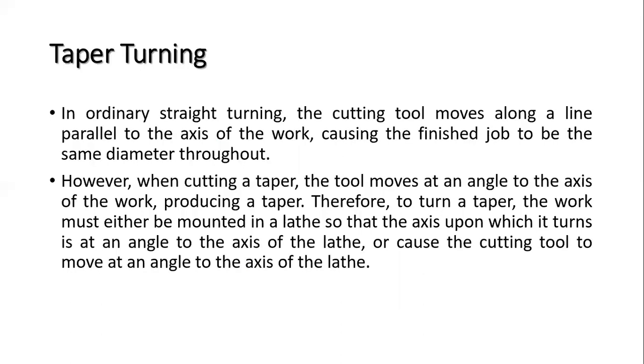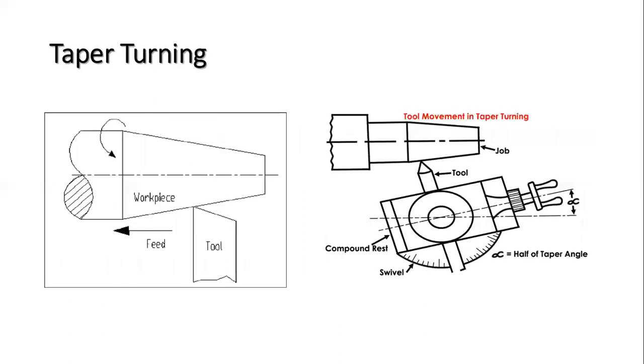I'm discussing this through my next slide, the taper turning picture. In case of normal turning, in this portion we can see this is our actual diameter, and this is our reduced diameter, that means after the machining.